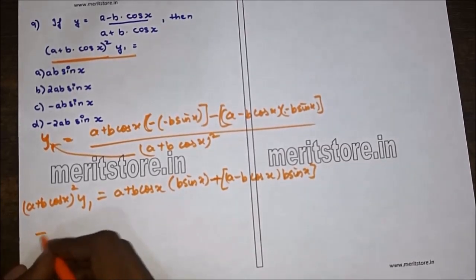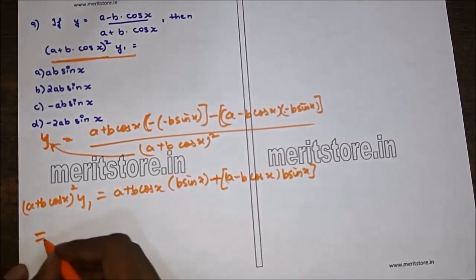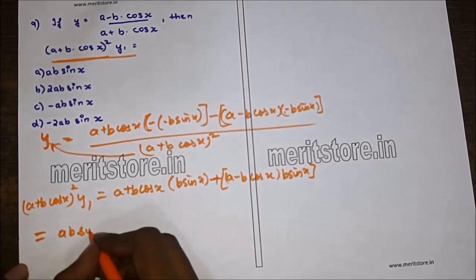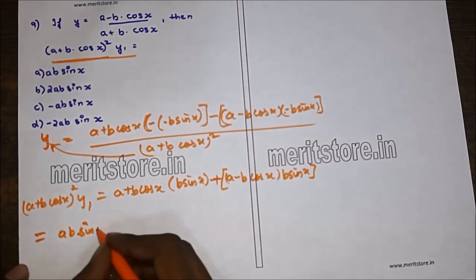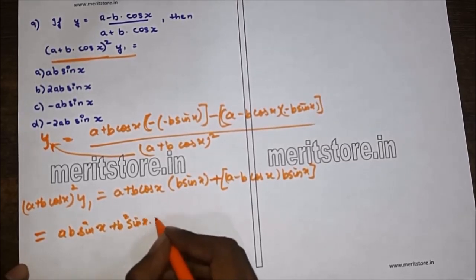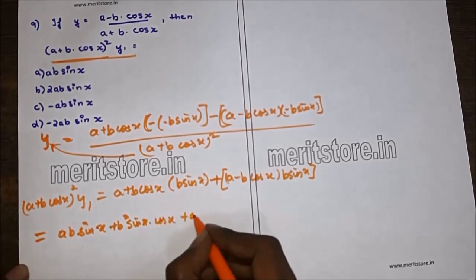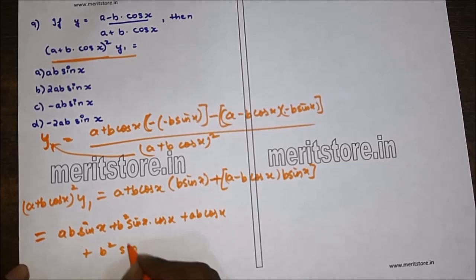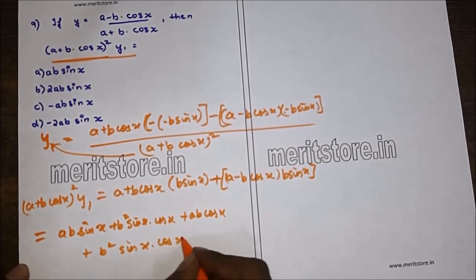We expand the brackets, expanding the brackets we get ab sin x plus b square sin x cos x plus ab sin x plus b square sin x cos x.